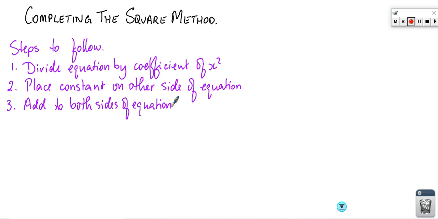I'm going to change color here. You need to add half of the coefficient of x, squared. Okay, so you take the coefficient of x, you halve it, and you square it, and you add it to both sides of the equation.